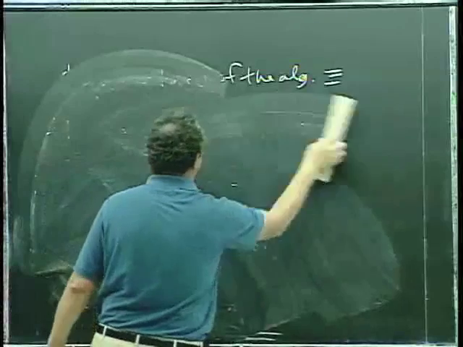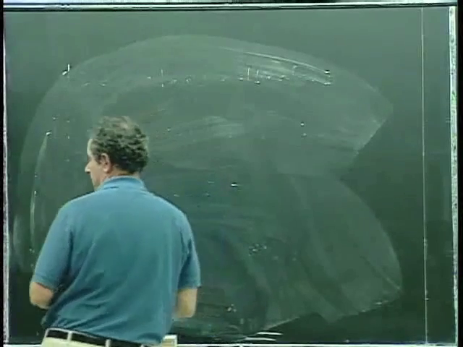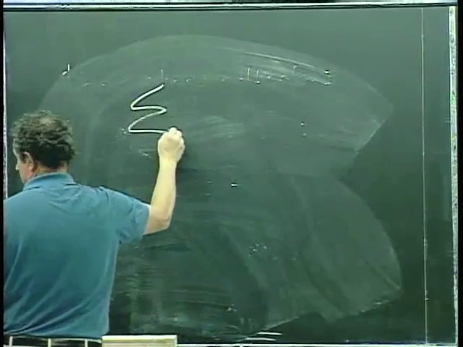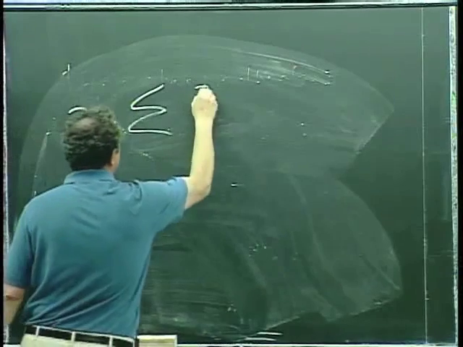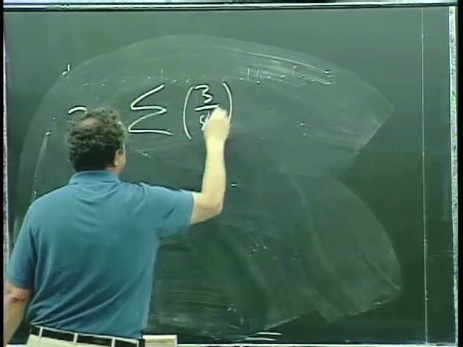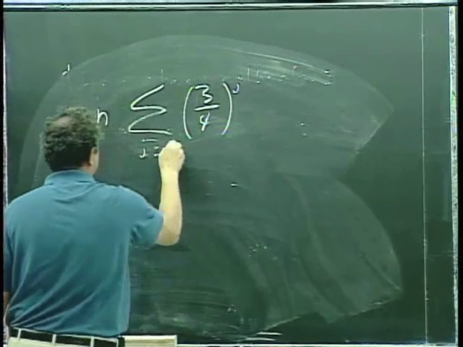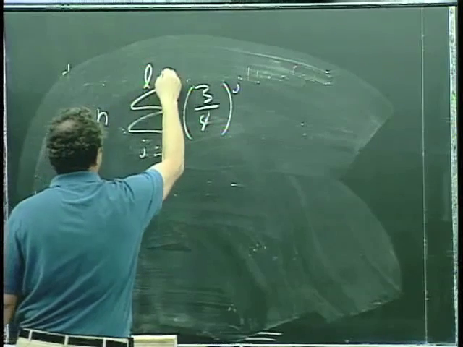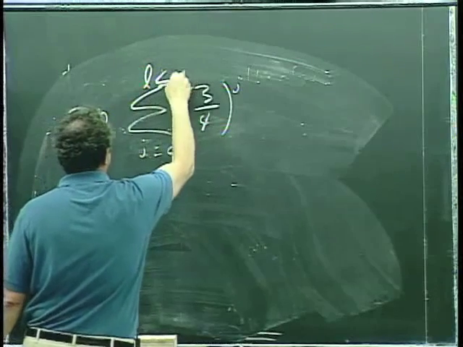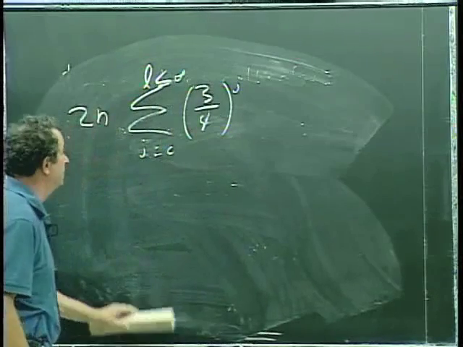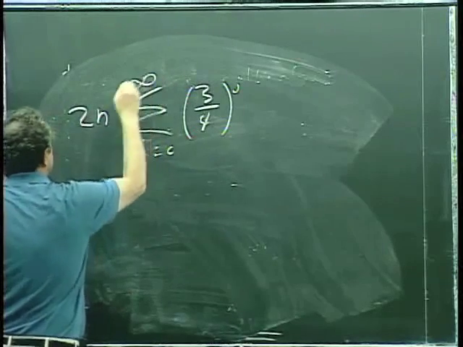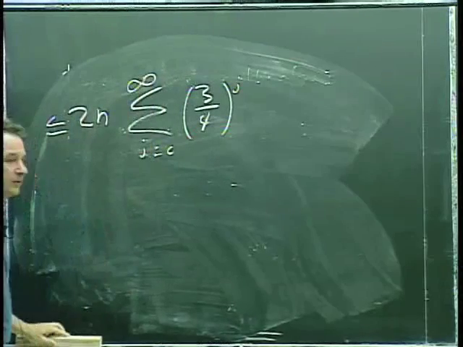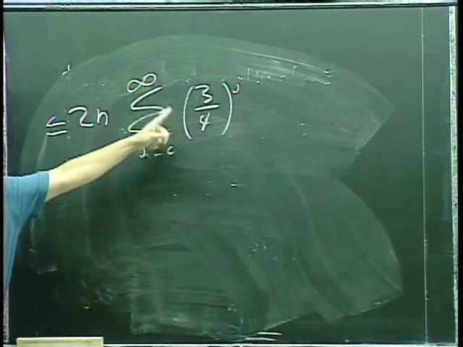I think we just need to remember some high school arithmetic. I'll take the 2n out here because that's constant. The sum of 3/4 to the j, j equals 0 through some number. Well, let's let it be infinity. So what happens to this?